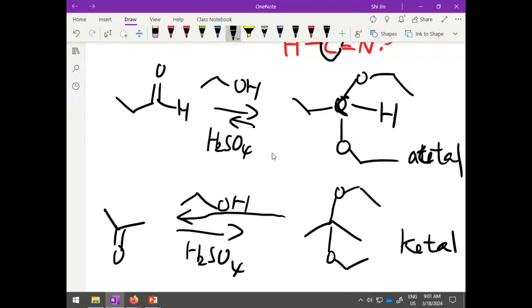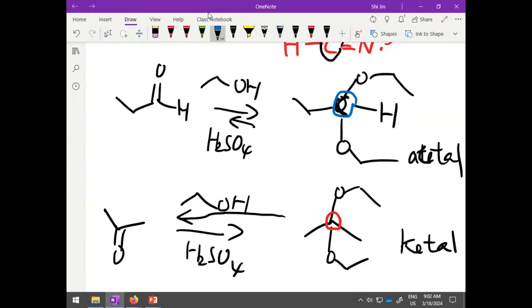So the ketal, if you look at this, the steric hindrance around the central carbon is sizably larger than the steric hindrance in the acetal, because the central carbon is sp3 hybridized, and in the ketal you have the additional methyl group replacing hydrogen. You're going to have substantially larger steric hindrance, but this is a minor effect.